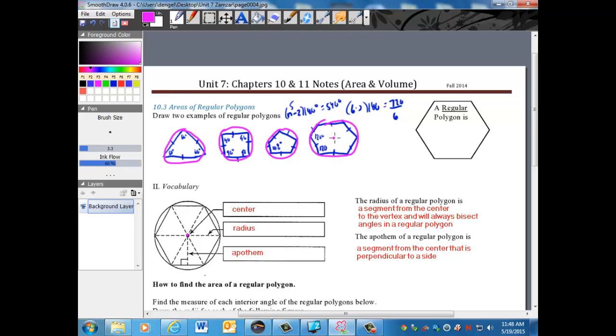If we were to draw a line all the way to an endpoint on a circle here, I could draw one here, one here, one there and here as well. These are all going to be called radii, alright? And then the only thing that is new is that this looks like our height, and in a sense it is our height.